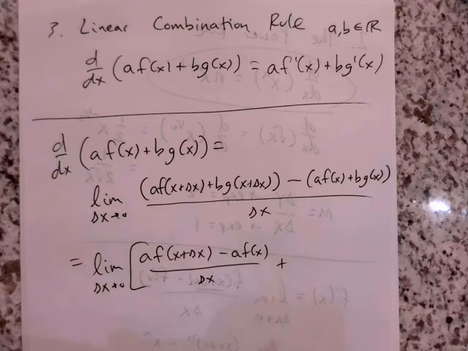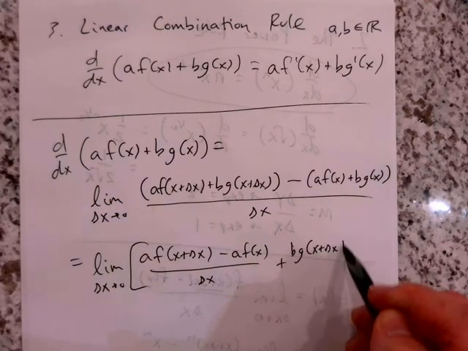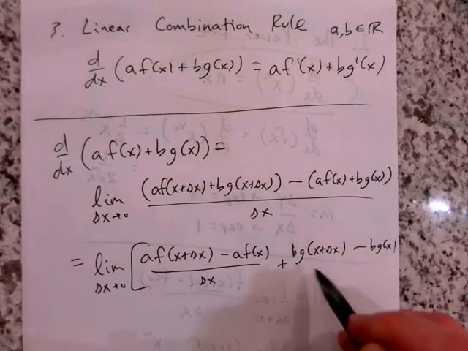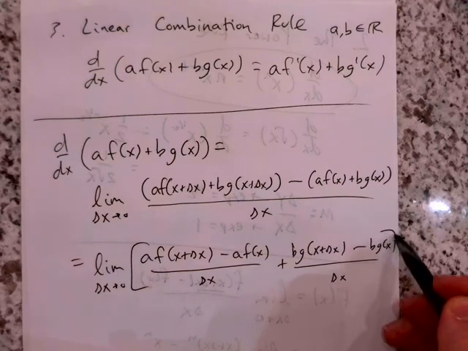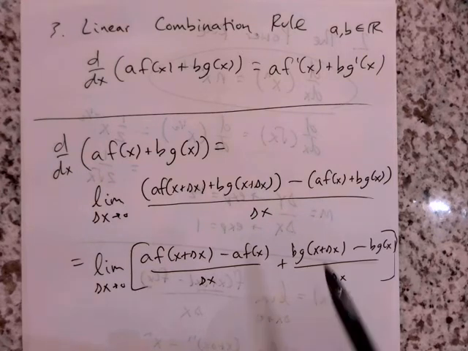So that's b times g of x plus delta x minus b times g of x, all over delta x. And we can express each as their own fraction, because when you add up your fractions, you keep the denominator the same. So that breaks apart into this.